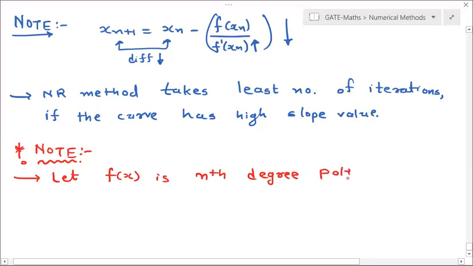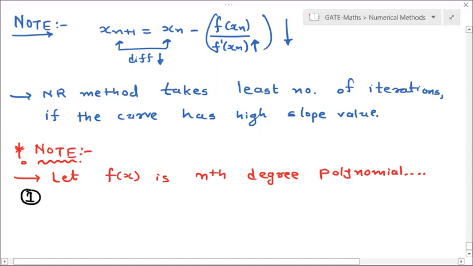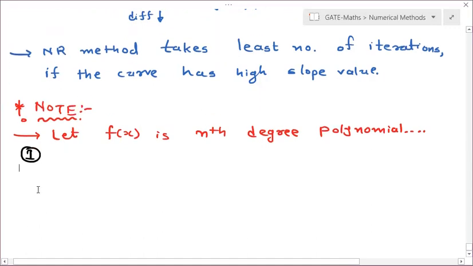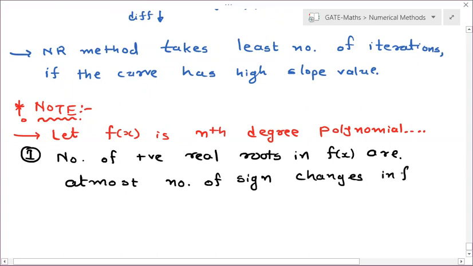If f of x is an nth degree polynomial, first, the number of positive real roots in f of x are at most the number of sign changes in f of x equal to 0.